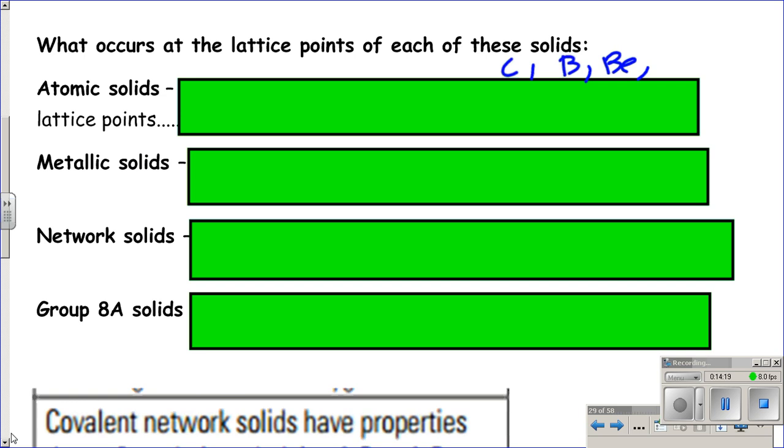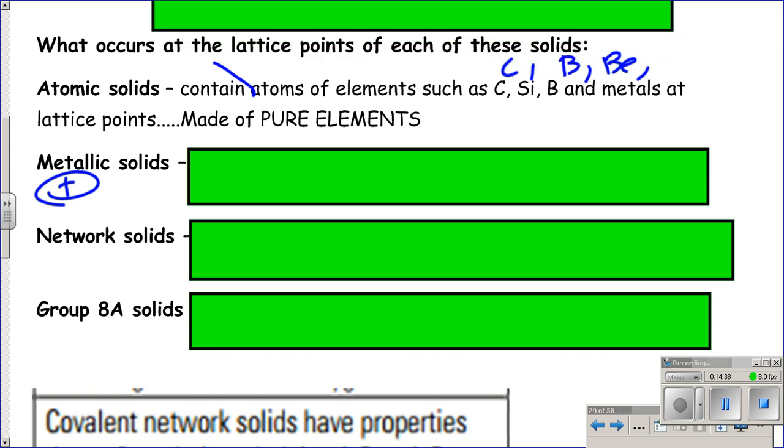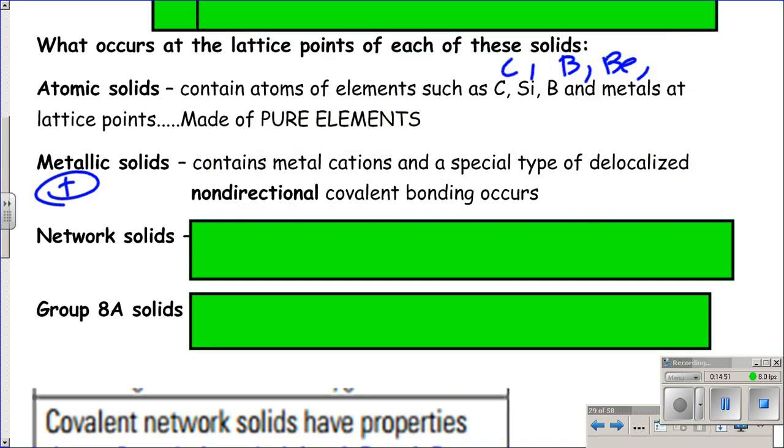All right, so metallic solids. Everybody should know. Tell me what's at the lattice points. The cation of the metal, after it's lost its electrons to the sea of delocalized electrons. Metals have the cation at the corners, with delocalized electrons surrounding it.